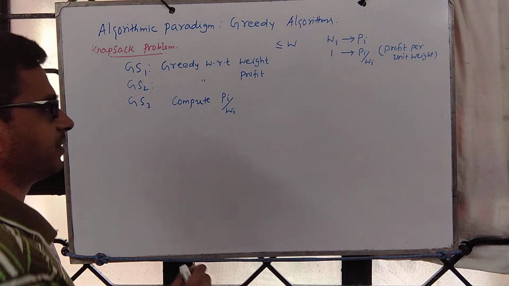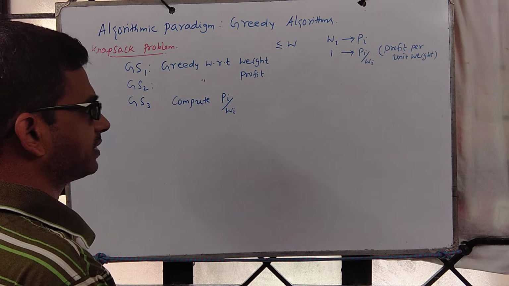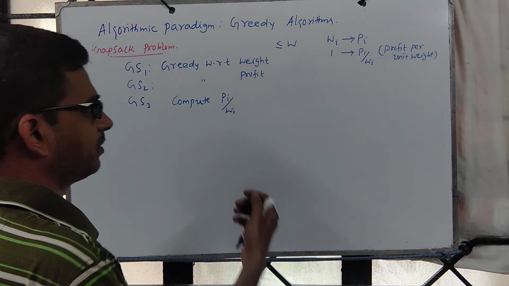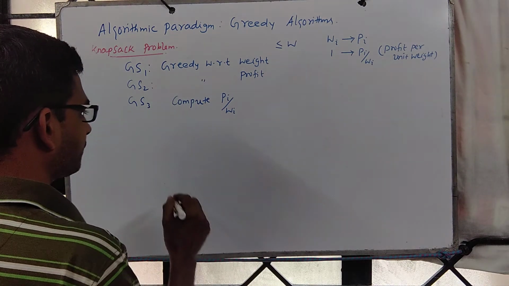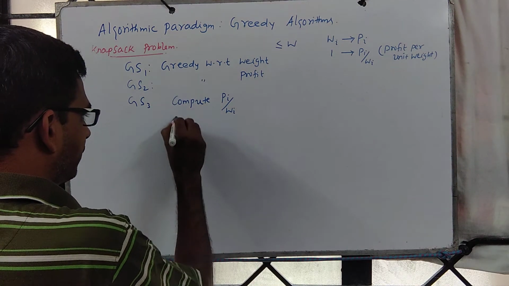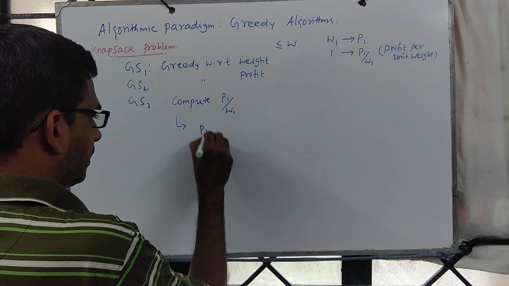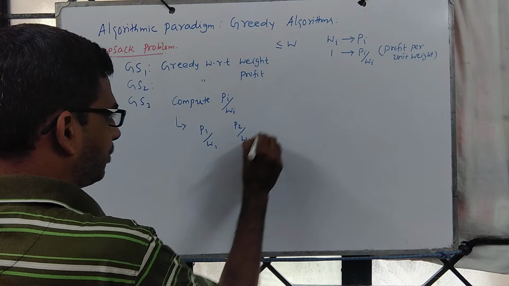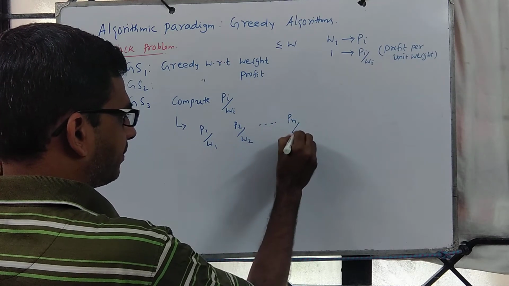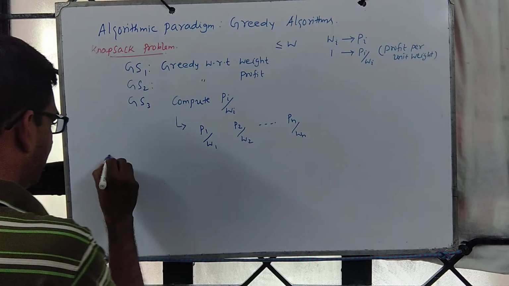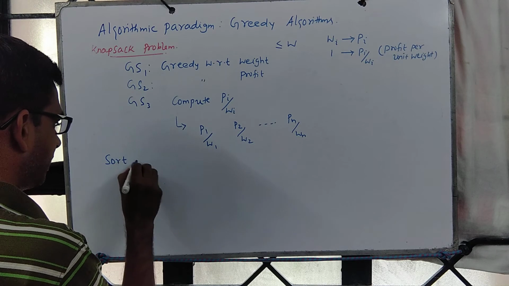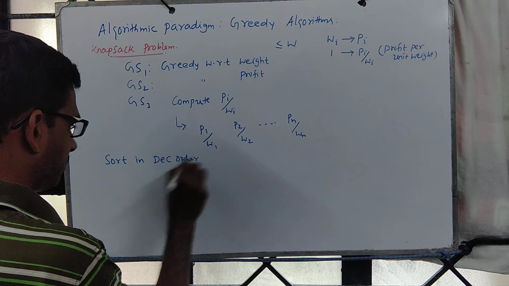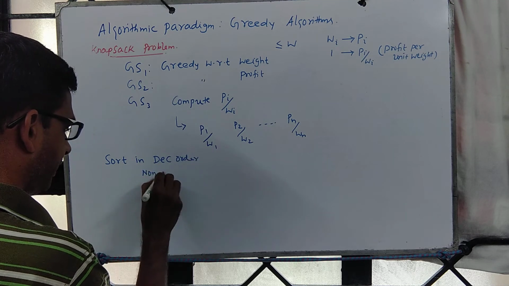Such an object we choose first, then we move on to the next object for which if I include a unit of that, then I get second max profit and so on. So what we do is the following. Compute P1 by W1 and P2 by W2, so on up to Pn by Wn. Then you sort in decreasing or non-increasing order.